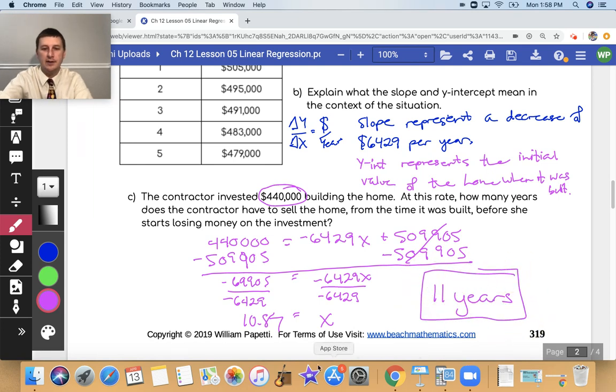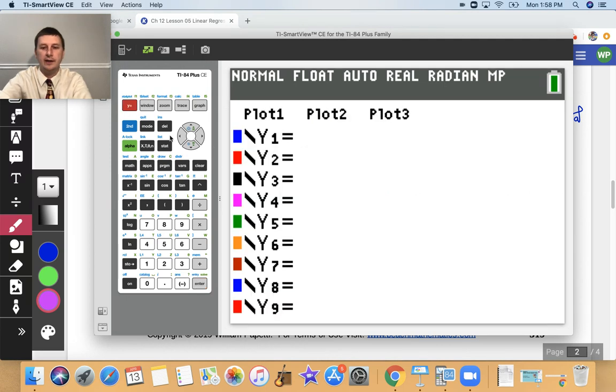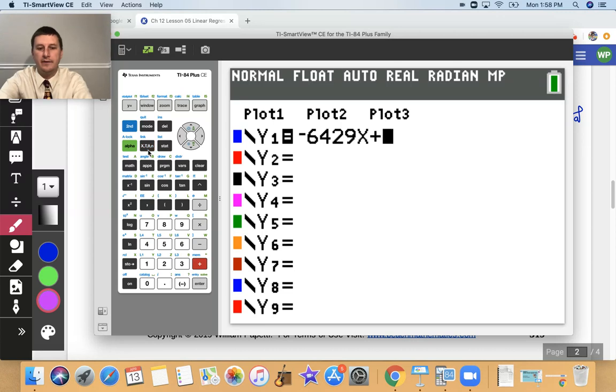And again, if we want to check that out in our calculator, we could go to y equals and type in that equation, negative 6,429x plus 509,905.